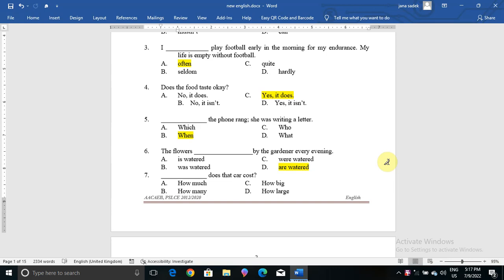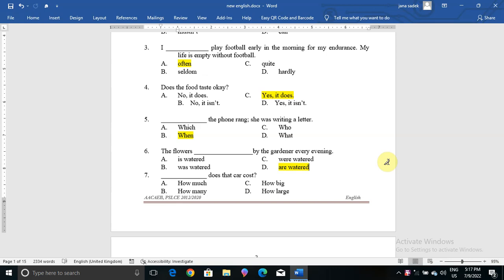Which one will we use for the question? If the question were asking about the car, we'd use C or D. But here the question is asking about what the car costs, not the car itself. So that means we are asking about the money, not about the car. So C and D are cancelled.